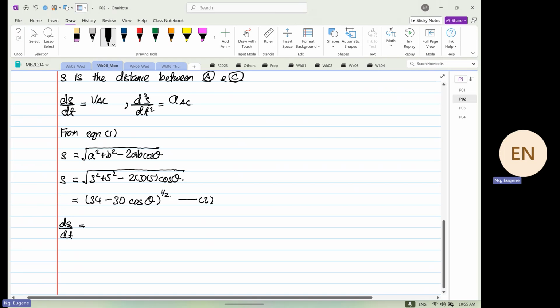So this will be equal to half of 34 minus 30 cos theta to the power of minus half. Then we have 30 sine theta, and then we have d theta over dt.